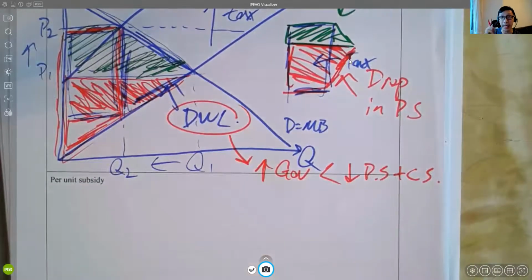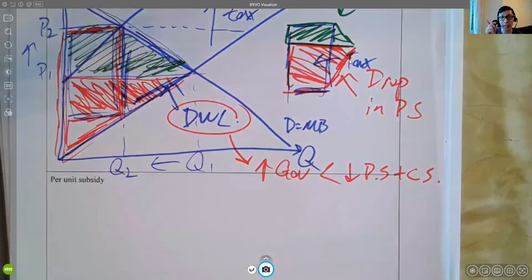Therefore, there will be a net loss, so to speak, and we call that net loss the dead weight loss. Okay, so this is the explanation for our per unit tax.